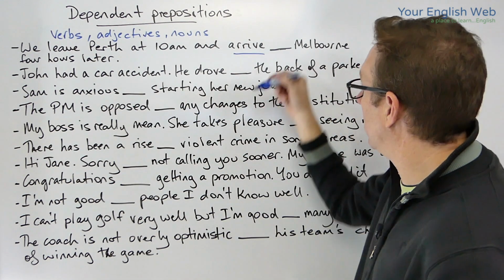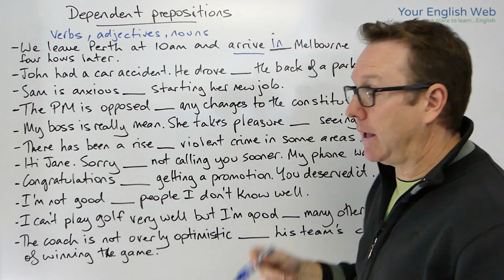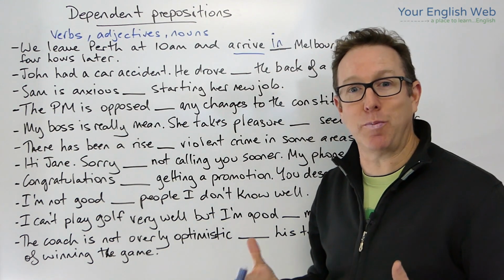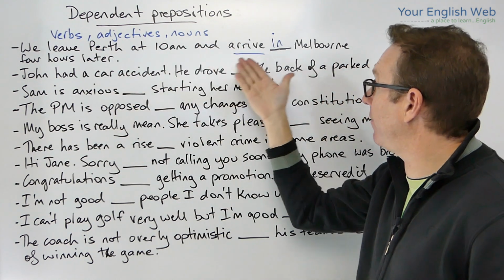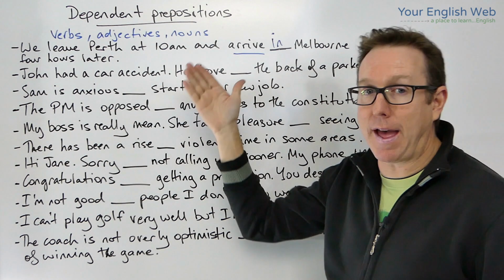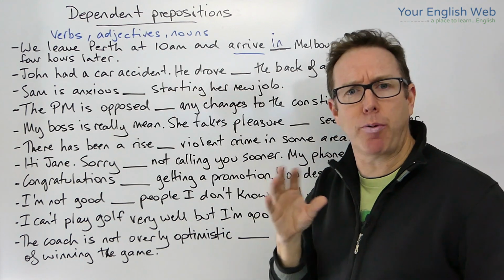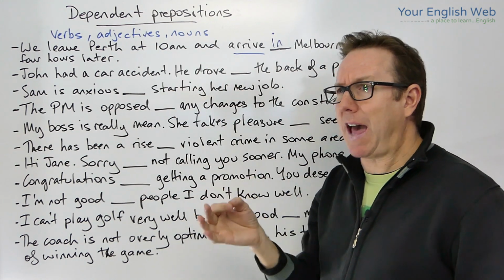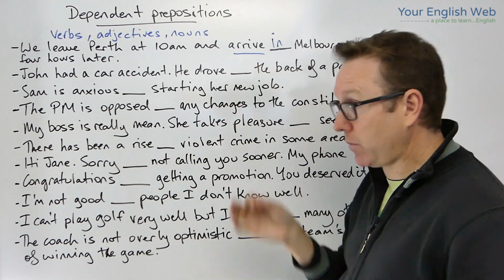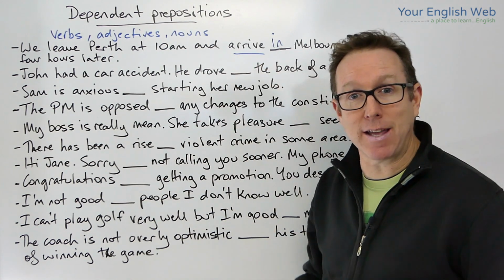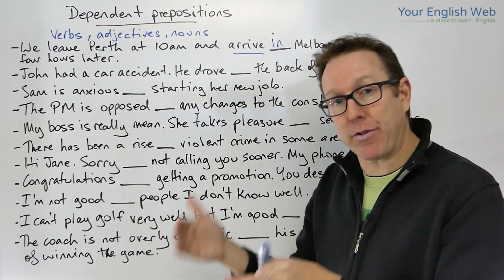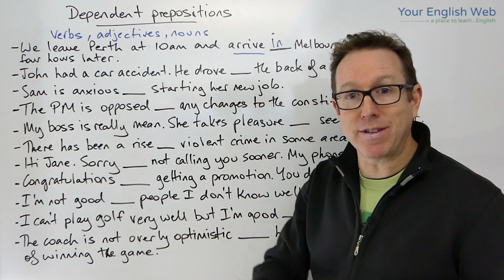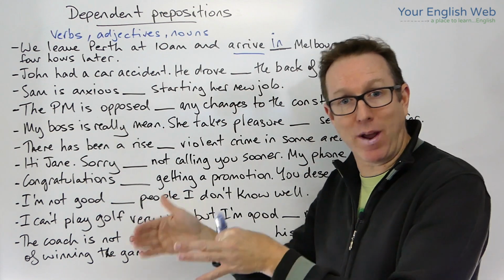If you said in, you would be correct. So we leave Perth at 10 a.m. and arrive in Melbourne 4 hours later. Now, some of you are probably thinking, but you can use at with arrive, and it's true. You can say we arrived at the party, we arrived at the post office, we arrived at Jack and Wendy's home.